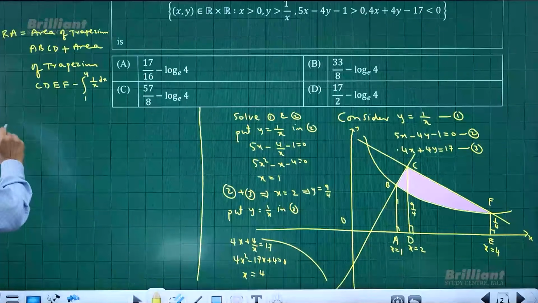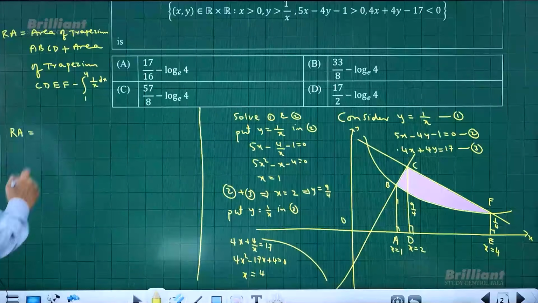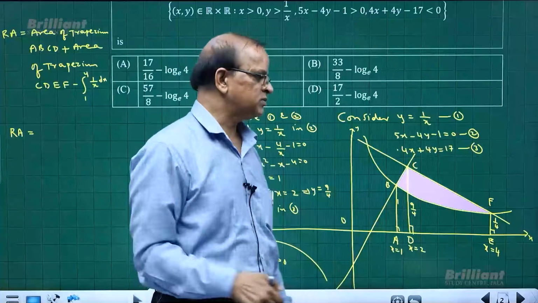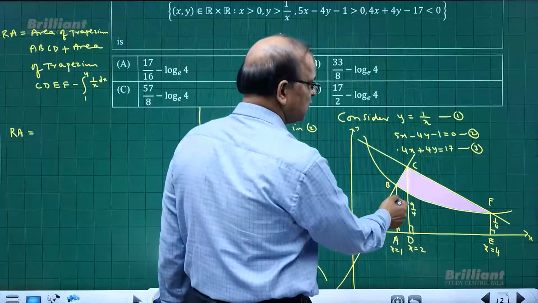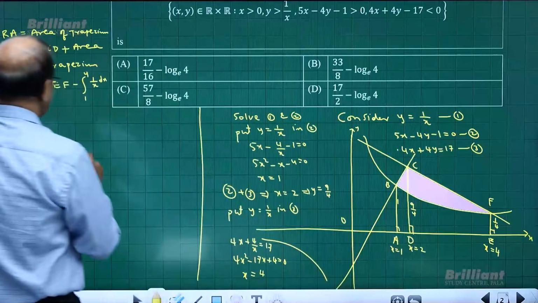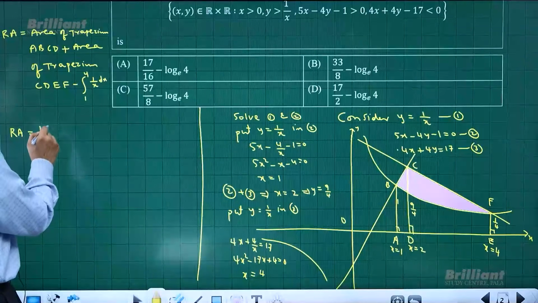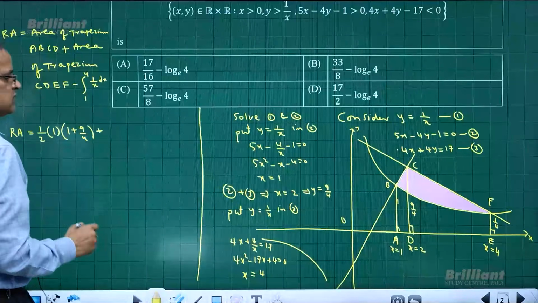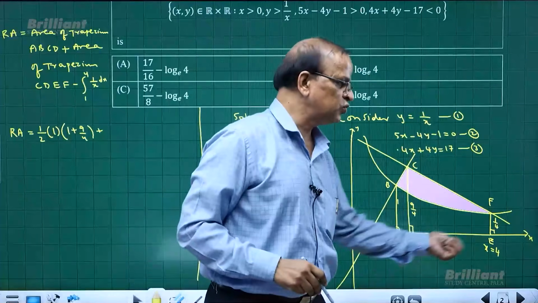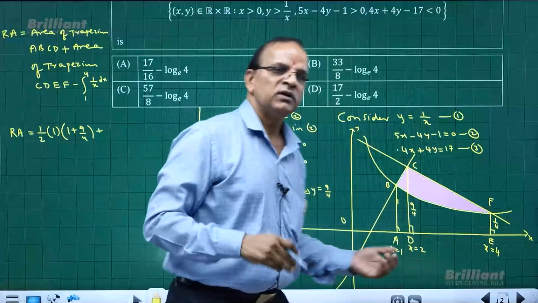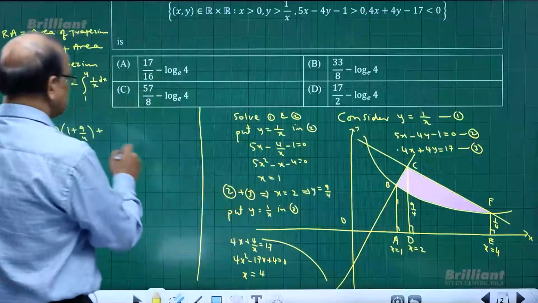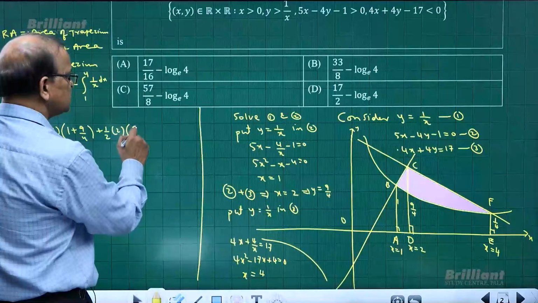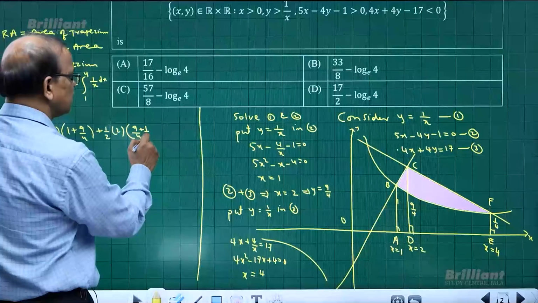Yes, this is. Therefore, required area. What is the area of a trapezium? Half of h into a plus b. h is 1, a is 1, b is 9 by 4. Half of 1 into 1 plus 9 by 4, plus same, half of h into a plus b, h is what? 4 minus 2, 2, distance between parallel lines. So that is half 2 into 9 by 4 plus 1 by 4.